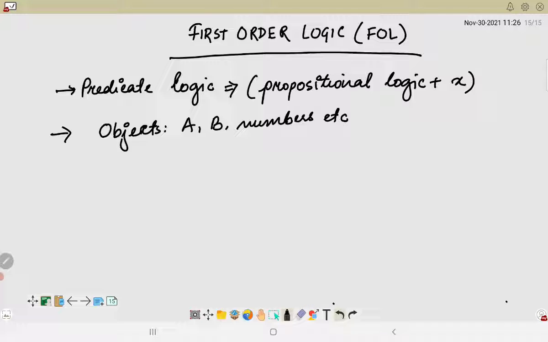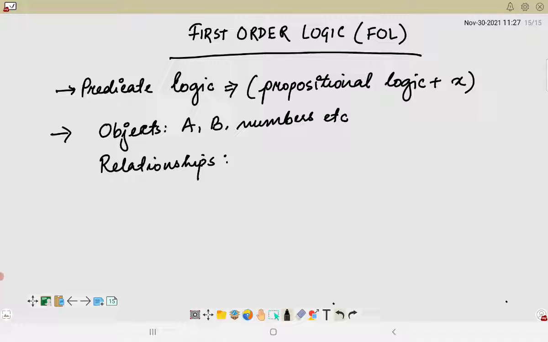The next one is that it can also consider relationships. These things were not considered in propositional logic. It can be a unary relation, like "is around" or "is adjacent," or an n-ary relation such as sister of, brother of, the color, or what comes in between.